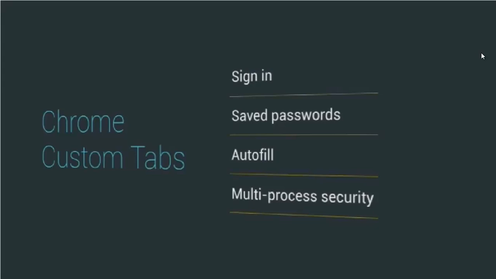Still, these web pages will share the same data with Chrome, such as Chrome sign-ins and synchronizing all your data. It will have the saved passwords, autofill data, and still it will have the same security that your Chrome browser has. The thing is, these Chrome custom tabs are built into the app, or the app can access these Chrome custom tabs.